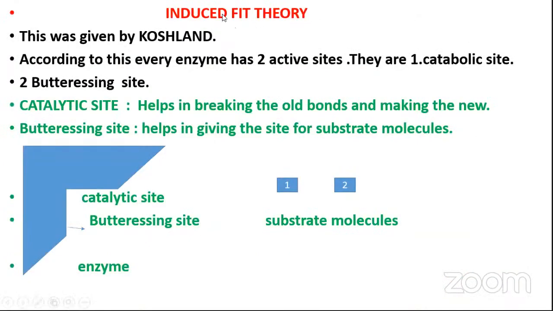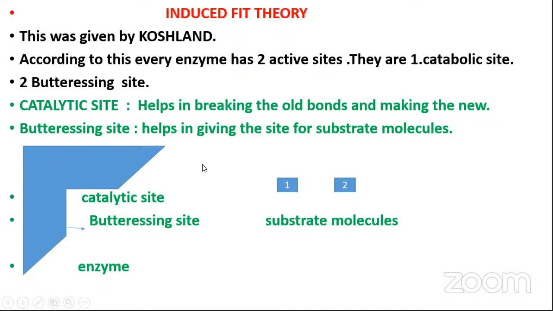In the induced fit theory, there are two important differences from the lock and key theory. In the induced fit theory, the enzyme has two sites. One is the catalytic site, the other is the buttressing site.